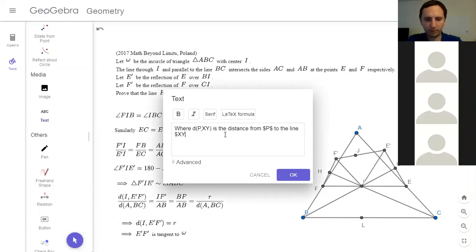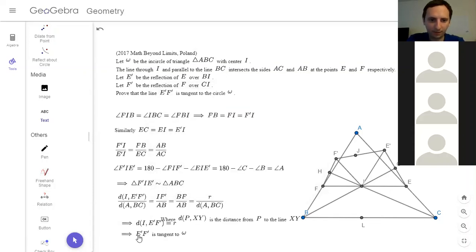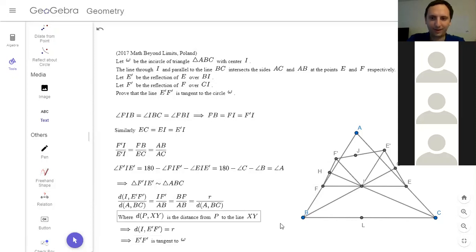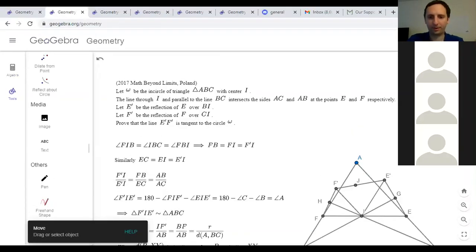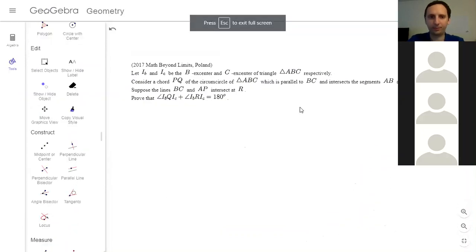I'm just going to say what that notation means. Awesome, I really like this. It'll be interesting to see after if there's a solution with Poncelet's porism, but this is probably definitely the easiest solution.